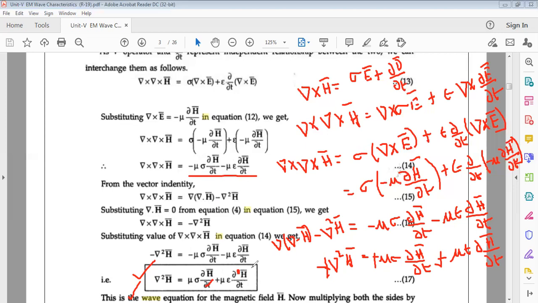Similarly, H bar converts into B bar. The value is B bar is equal to mu into H bar.